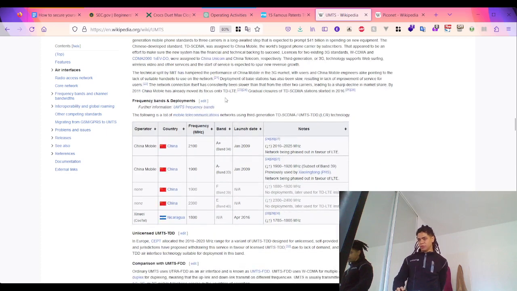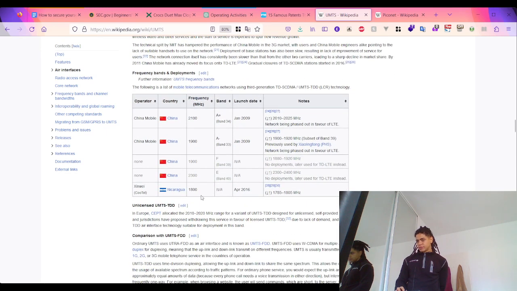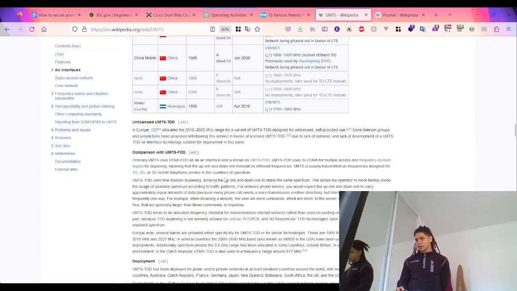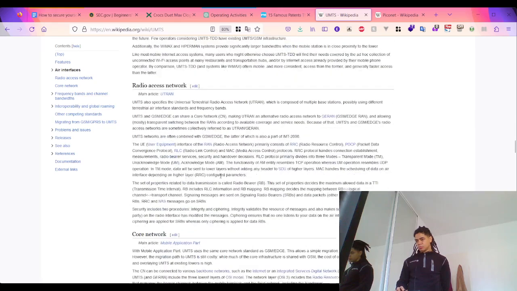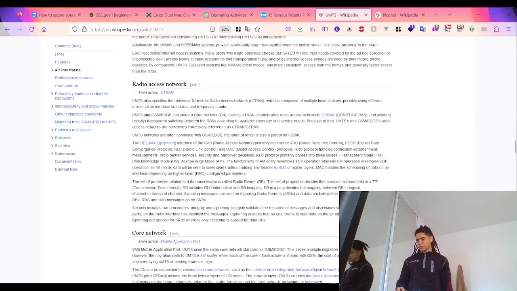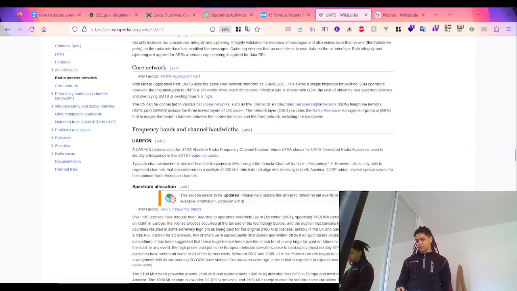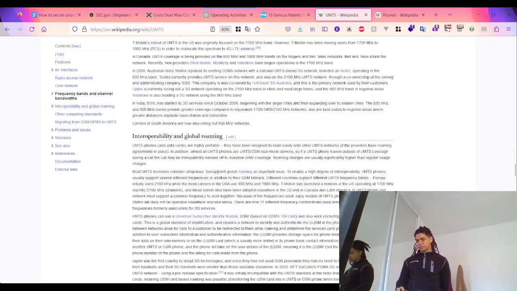Frequency bands deployment. In Nicaragua. Unlicensed UMTS TDD comparison. Radio access network and core network. Spectrum allocation.